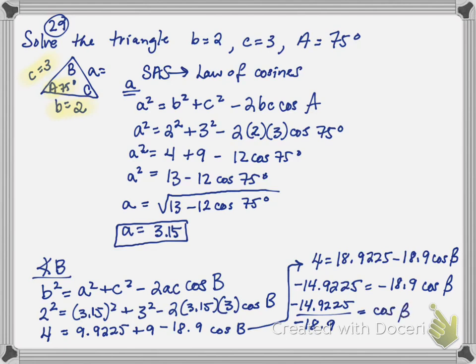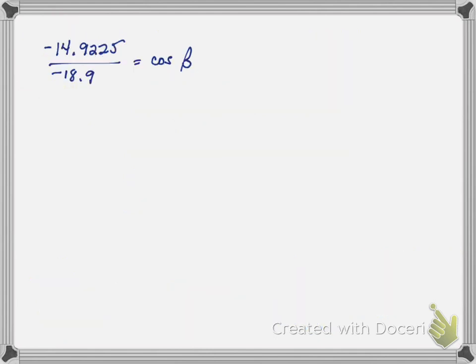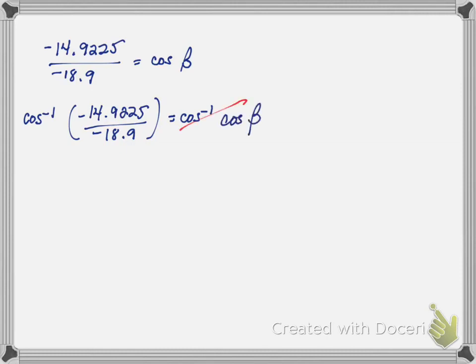My next step is to get angle B by itself. So the inverse operation of cosine is inverse cosine. So what I'm going to do is take the inverse cosine of both sides, and I get inverse cosine of negative 14.9225 divided by negative 18.9, and it equals cosine of B. And we know that these will cancel each other out, and I'm left with angle B equals, and when you plug this into your calculator, you get 37.86.